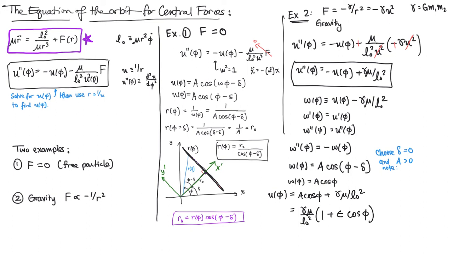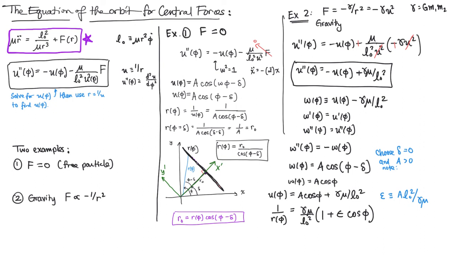where in this case, this epsilon term is defined to be a L naught squared over gamma mu. And since this is all equal to u of phi, I can equivalently write it as 1 over r of phi. And the final step here is to create one more new constant.